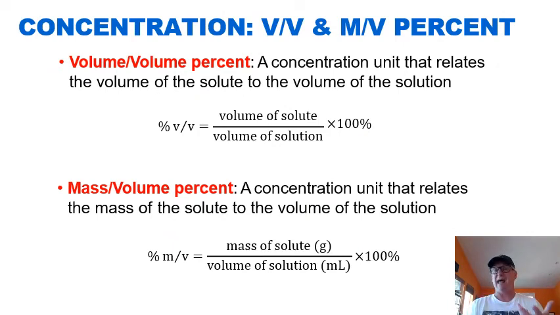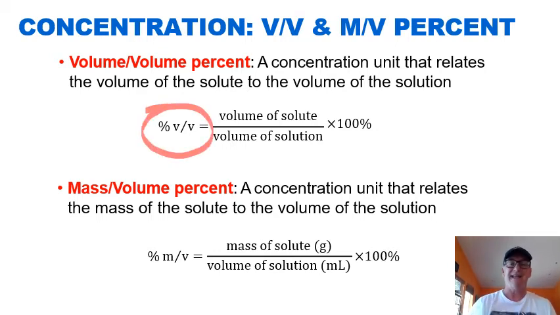We would also look at a volume percent. You would see this typically when you're dissolving one liquid in another liquid. Like a lot of times you will see alcohol dissolved in water, or if you have a percentage of a lot of different liquids dissolved in water, you give them as a percent volume over volume, like hydrogen peroxide, for instance.